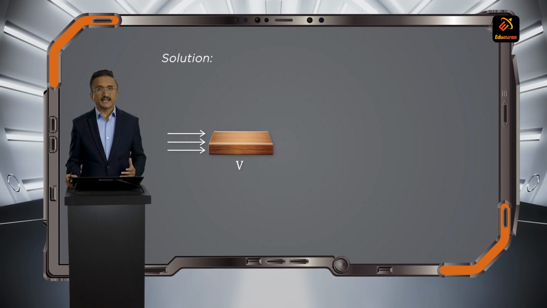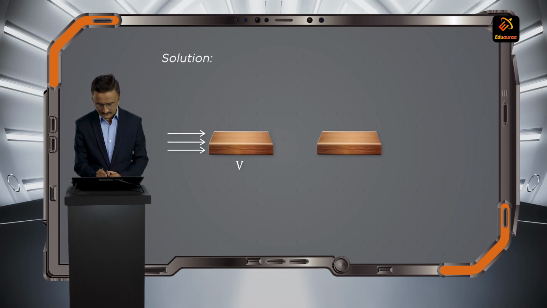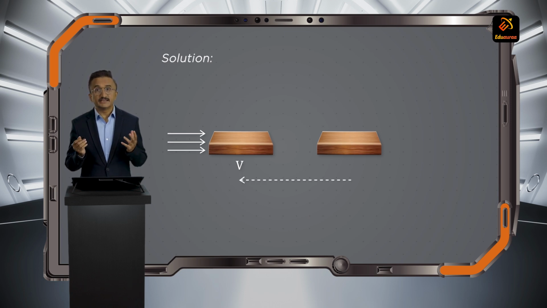So in this case I can say v is the initial velocity. Then the body is going to cover a certain distance. This distance is equal to 3 centimeter, or I can say S1 is equal to 3 centimeter.